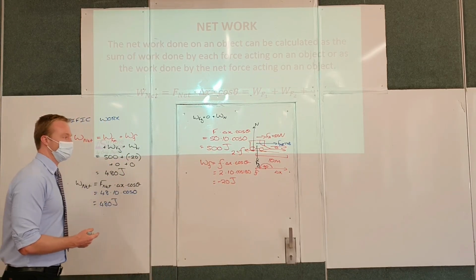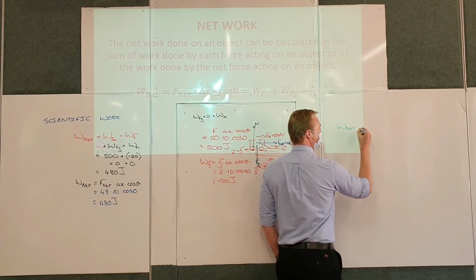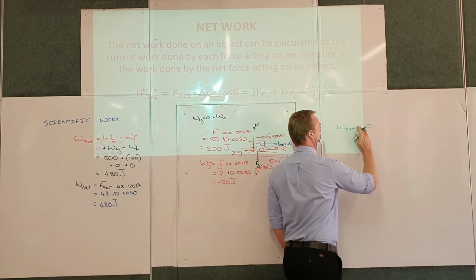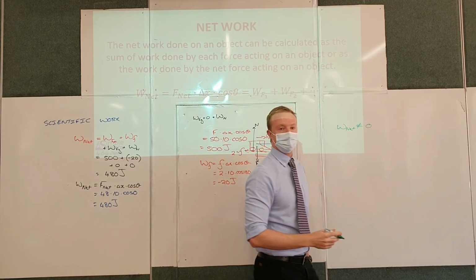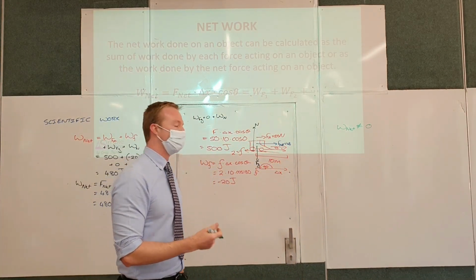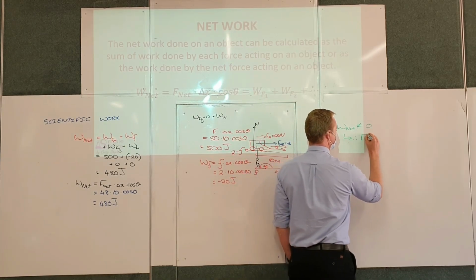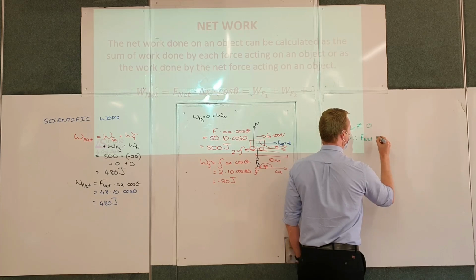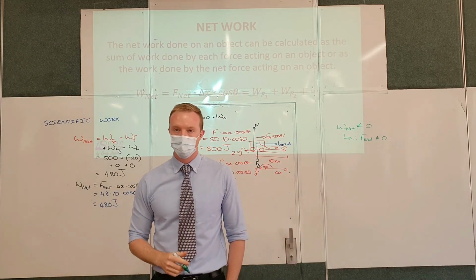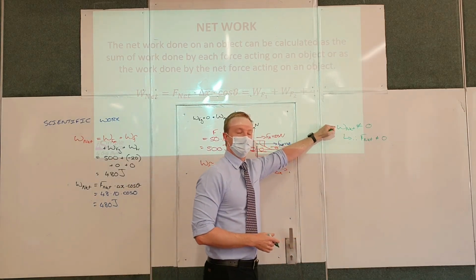The reason why this is important is because we can see that when the net work is greater than 0, or put more simply, when the net work is not equal to 0, that must mean that the net force acting on this object is not 0. When the net work acting on this object is not 0, it means that our net force is not 0, because if the net force was 0, our net work would automatically be 0.